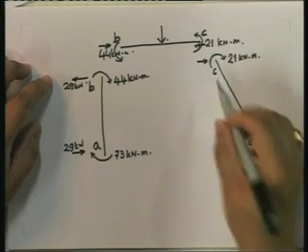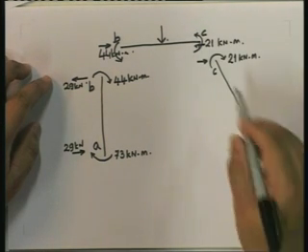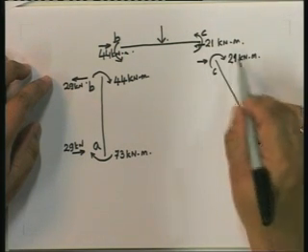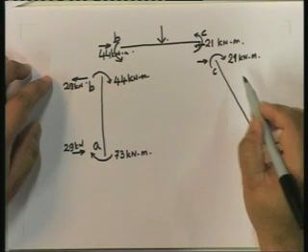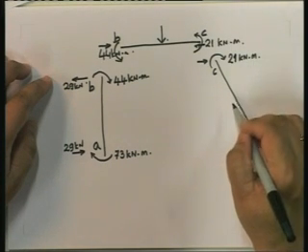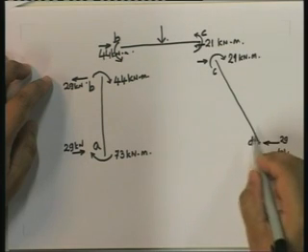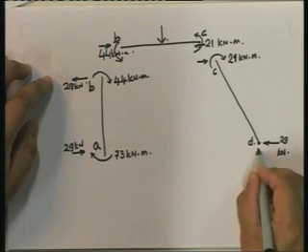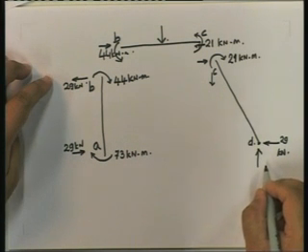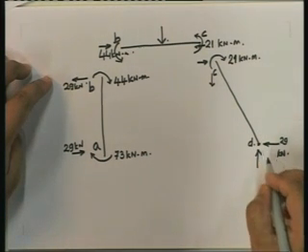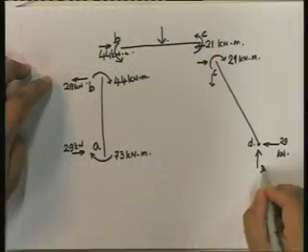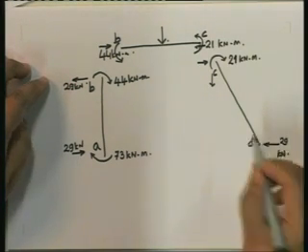So this 29 into 4 is 117, this 117 plus 21. 117 plus 21 is going to be 138. 138 divided by 3, because this one is this way, so this one has to generate this way. 138 by 3 is going to be equal to 46. So this is 46 kilonewton.